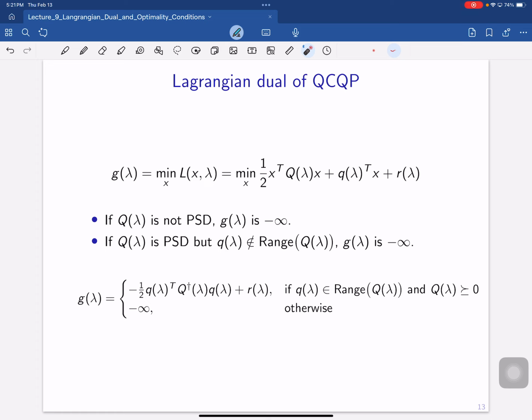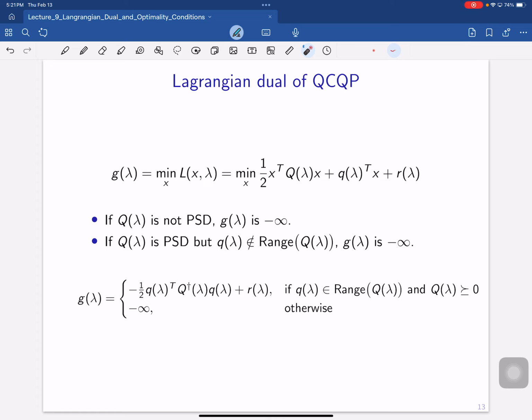Now, remember that after we derive this Lagrangian dual function, we show that this G lambda is a lower bound of the original problem, right? And remember, in the linear programming case, we want to pick the dual variable such that this G lambda provides a bound that is as tight as possible, right?